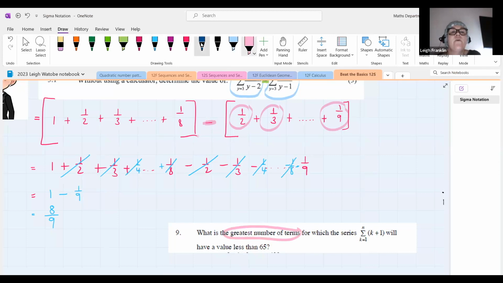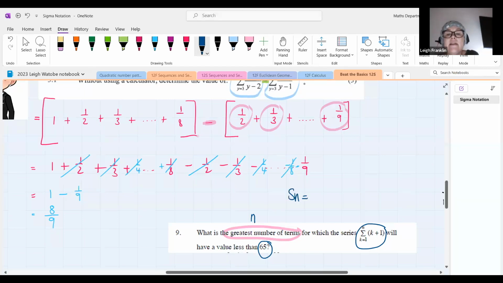So the greatest number of terms: in other words, they're asking you to solve for n, for which the series will have a value less than 65. What does the 65 represent? Absolutely, it represents your Sn. So your Sn is 65.